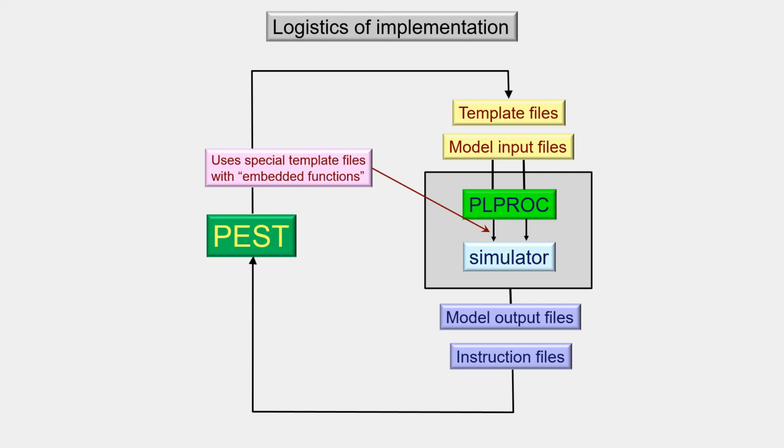But these template files are a little more sophisticated than the template files which PEST uses. Because after interpolation, PLPROC must write thousands of numbers to model input files, whole arrays of parameter values. Those template files which PLPROC uses can include so-called embedded functions, which allows transfer of those hundreds of thousands of numbers to take place fairly easily. And the complexity of the template files which it uses to write model input files does not have to be too great.